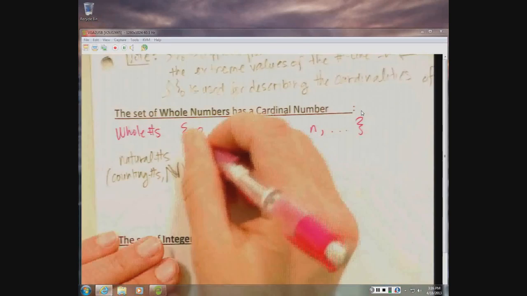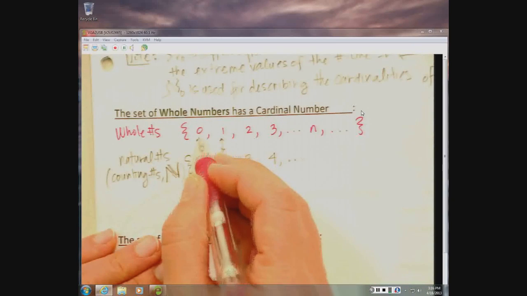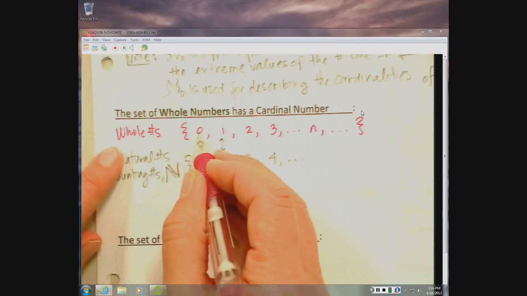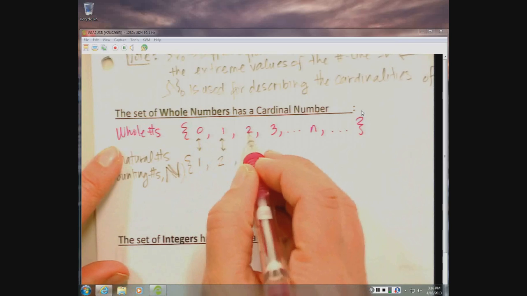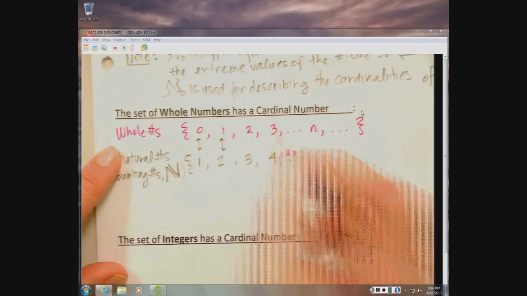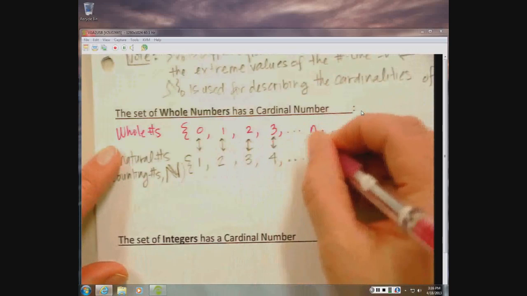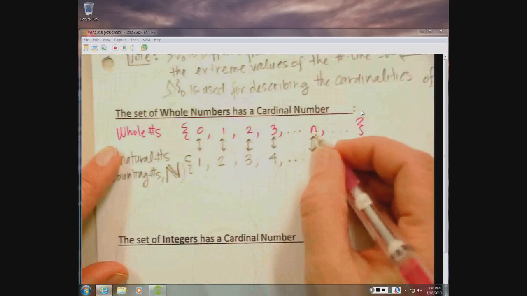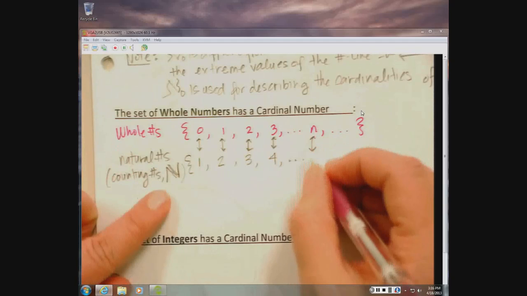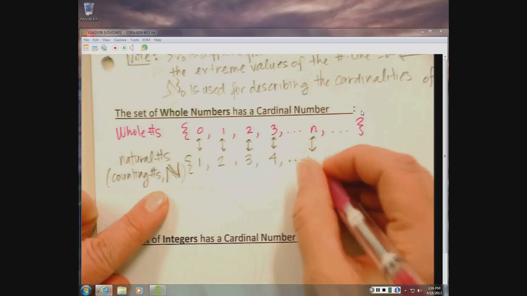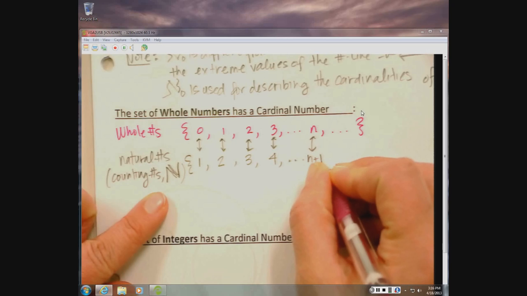And what we're doing is we are saying that the first whole number is this, 0. The second whole number is 1. The third whole number is 2. The fourth whole number is 3. And because I can count them, even out to the nth whole number, the number n is the n plus 1th counting number.